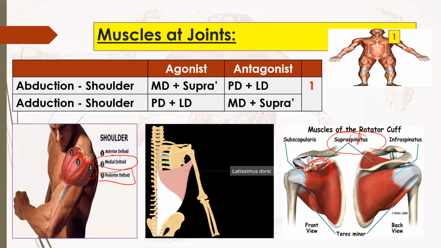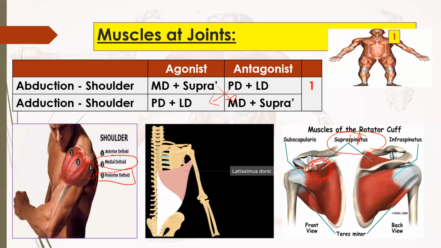When you're moving that arm back down towards the midline of your body, that is shoulder adduction. You're adding it into the midline of your body, and all that's happened is they've switched over again. So your posterior deltoid and your latissimus dorsi become your agonist, ones that are contracting to control and are responsible for that movement.